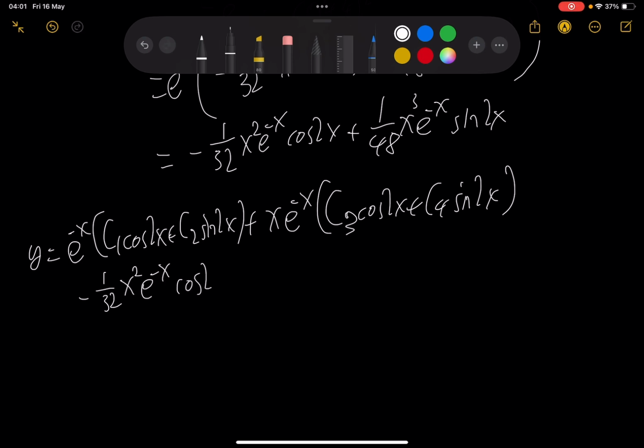A really confusing one, you can see. 1 over 48 x cubed e power negative x sine 2x, and therefore this is our solution.